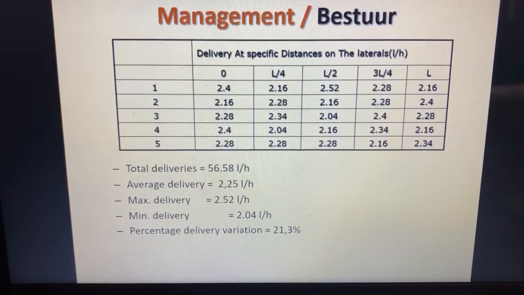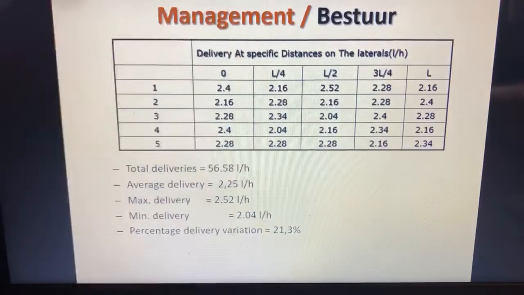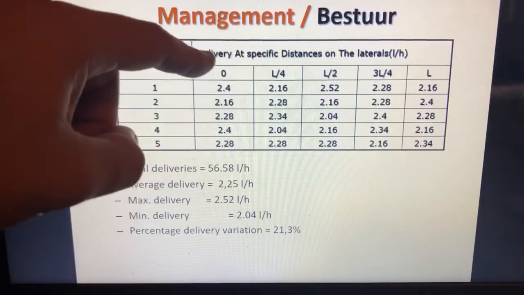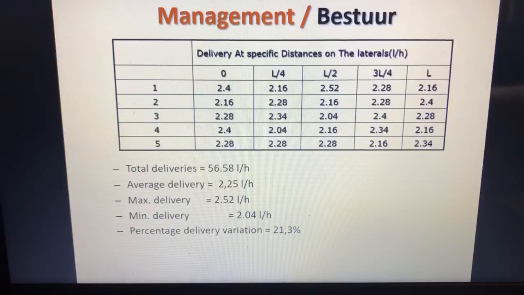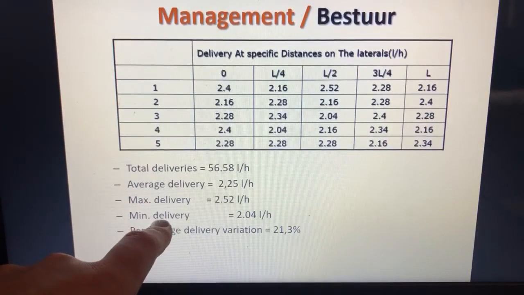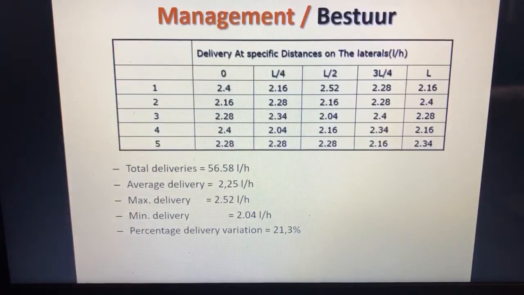Now when you want to calculate how you know some emitters are faulty or some are giving too much water, you will take your maximum delivery. You look through this block and find the one with the maximum value, and your minimum one, the one that's giving the minimum amount. Then you take that maximum delivery, minus your minimum delivery, and divide that by your average. If you multiply that by 100, you will get your percentage.